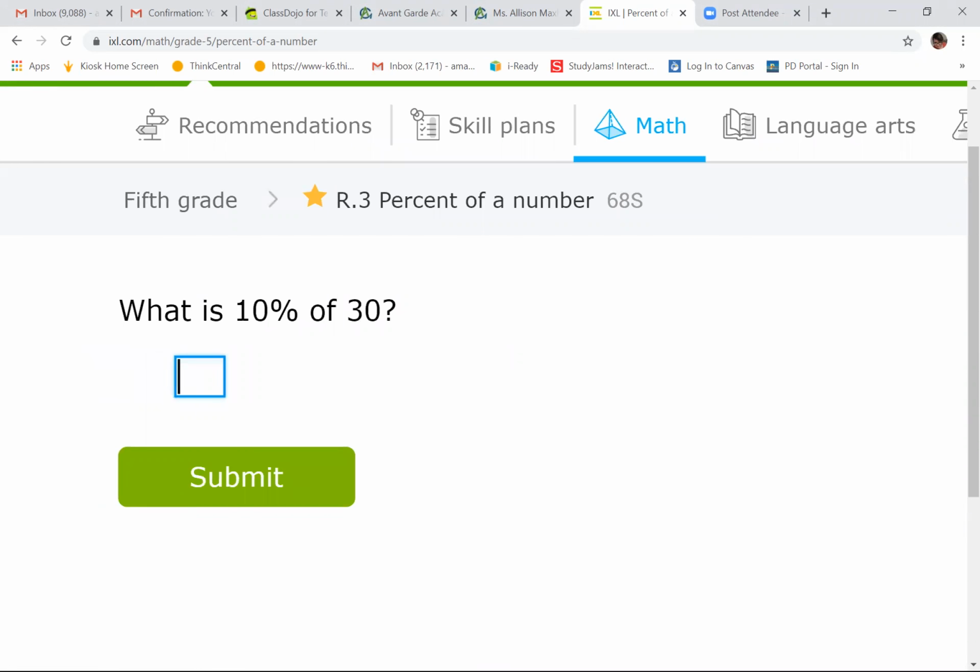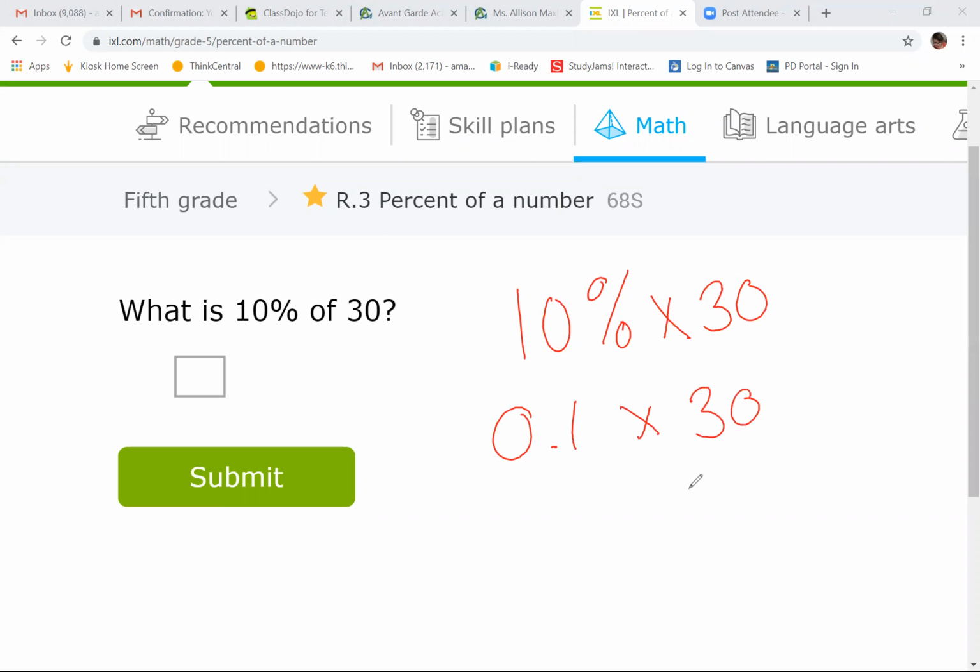Okay, 10% of 30. 10% times 30. We can turn this 10% into a decimal, which is tenths, right? Times 30. Now think about what they're asking here. Remember, we use our words.